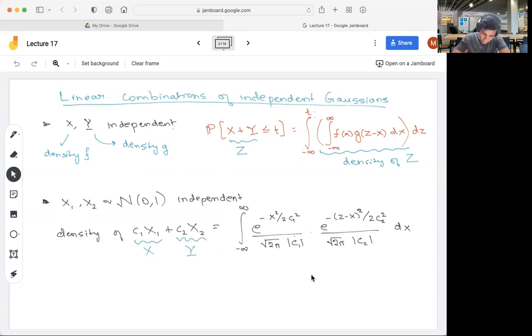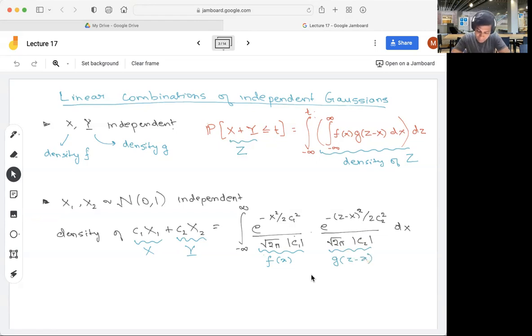From what we just did on the previous slide, we know that the density of x is the density of a Gaussian with mean 0 and variance c1 square. And this is the density of a Gaussian with mean 0 and variance c2 square. So this is really f of x, and this is really g of z minus x.